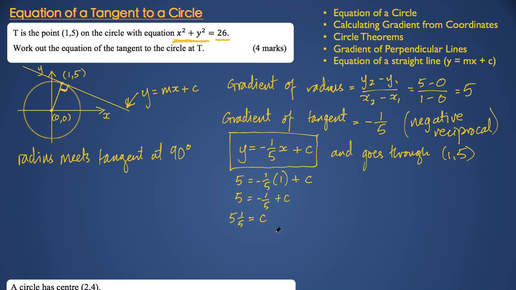So I found out that in this case c equals 5 1/5, therefore my equation for this line is y equals minus 1/5 x plus the c that I now know, 5 1/5. That could also be written as y equals minus 0.2x plus 5.2.